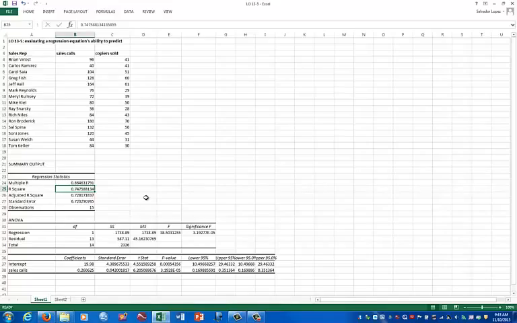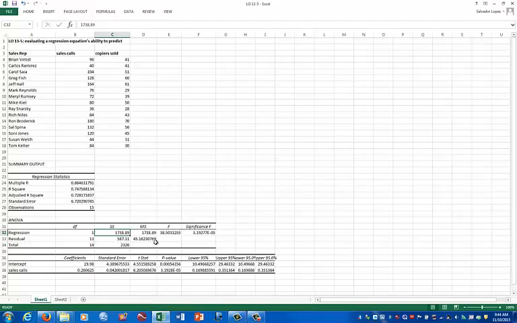Remember, it shows us the percent variation in Y that is explained by the variation in X. It can also be calculated as the sum of squares due to the regression, which we called before the explained variation, divided by the total variation, in this case 2,326.